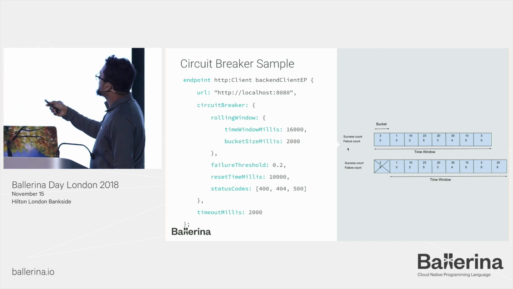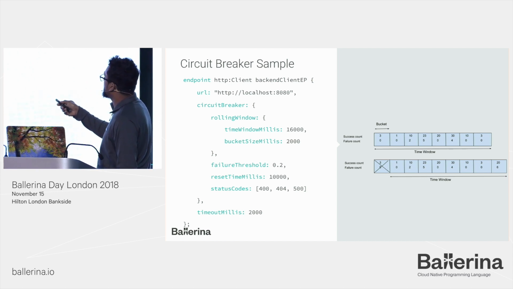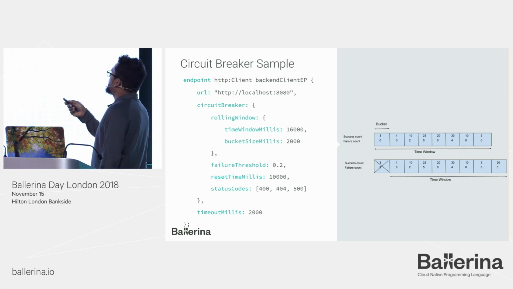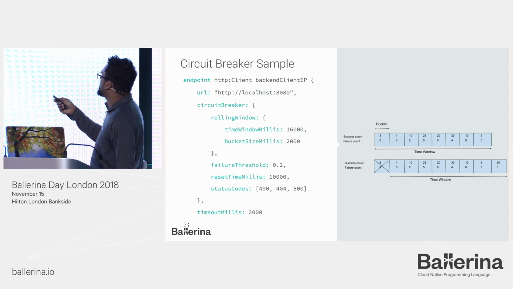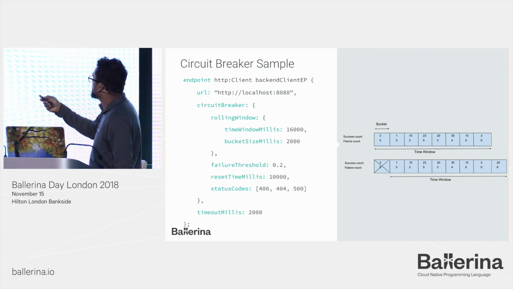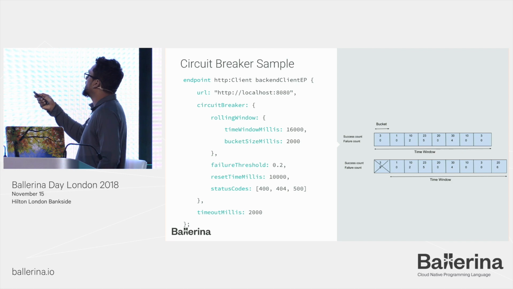So at any given time, the requests that are successful and the requests that have failed are placed into a bucket, right? In this case, the bucket size is 2 seconds. In the first bucket, 3 requests have been successful, nothing has failed.